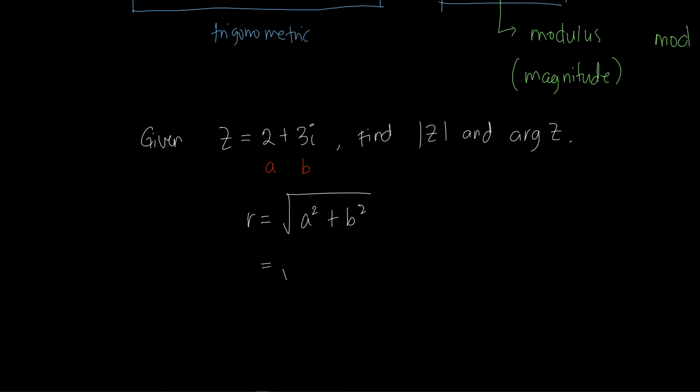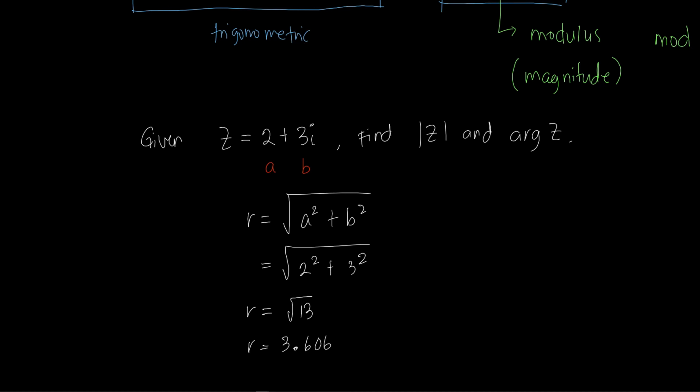Then we have the square root of 2 squared plus 3 squared. So r is equal to the square root of 13. What is the square root of 13? 3.606?